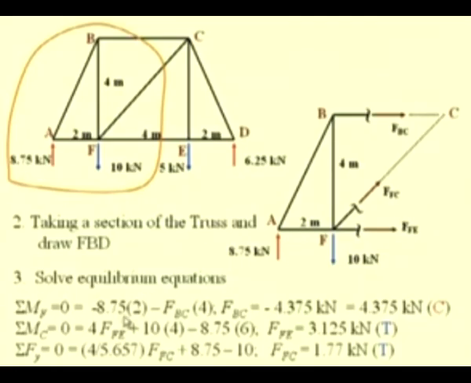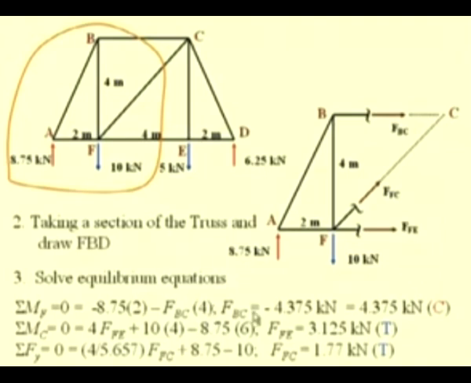So, we have 8.75 times 2, which is a negative moment, and the moment of this force FBC is also a clockwise moment, and so negative. So, we have minus FBC, and the moment arm is 4 meters. So, we have minus FBC times 4.